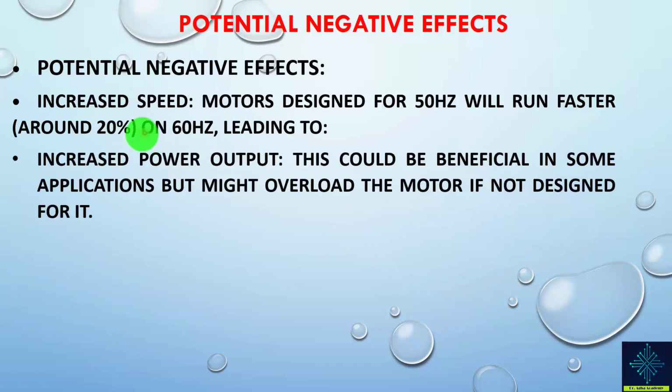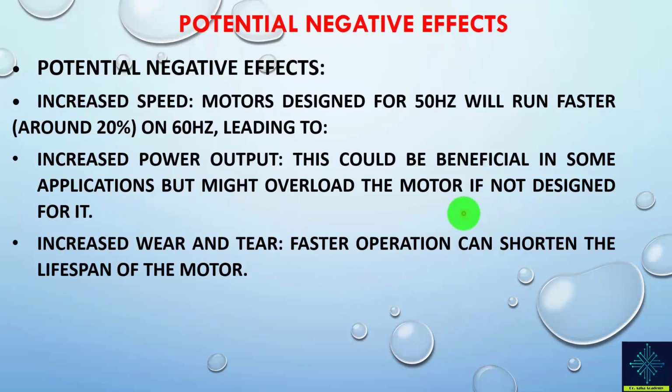And this would lead to increased power output. This could be beneficial in some applications, but might even overload the motor if not designed for it, because speed design is something crucial, and usually you will face such an issue.